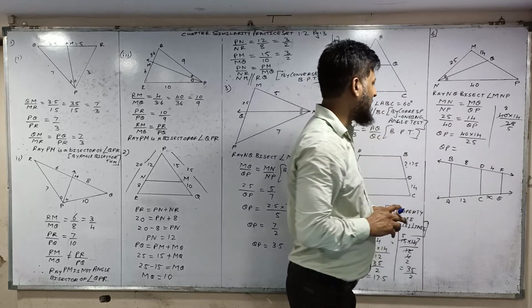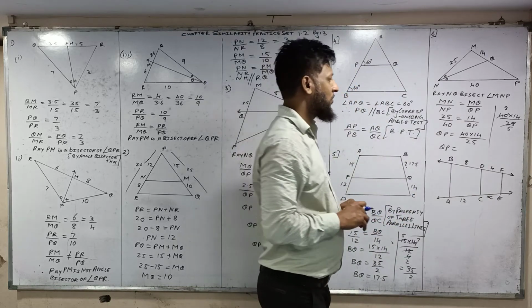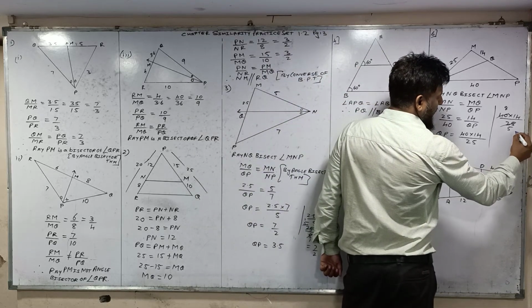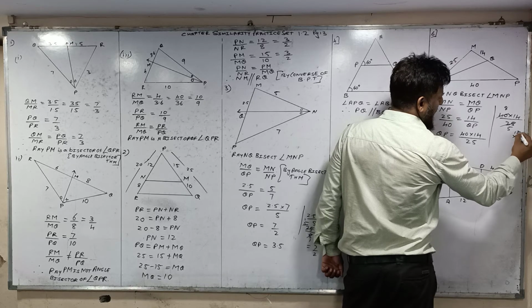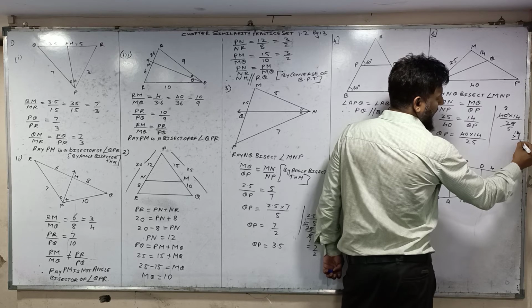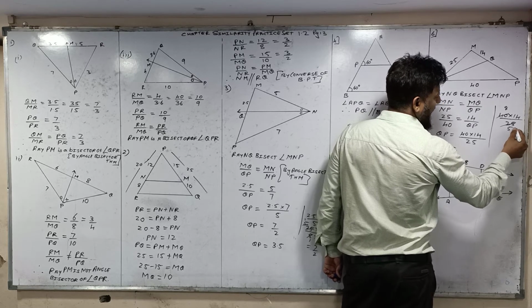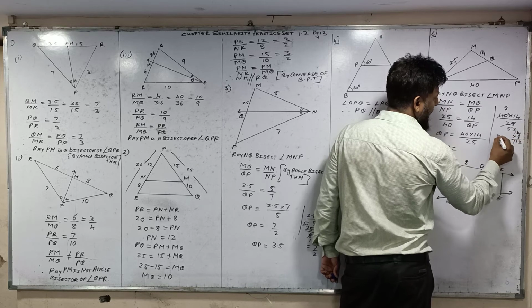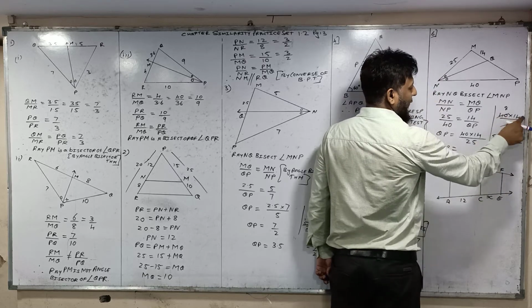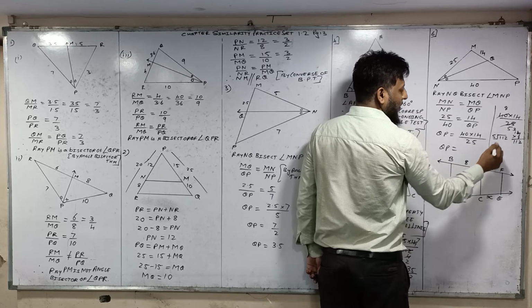Now multiply 8 by 14 and divide by 5. 14 times 8: 8 4s are 32, 8 1s are 8, plus 3 is 11. You get 112, then divide by 5.